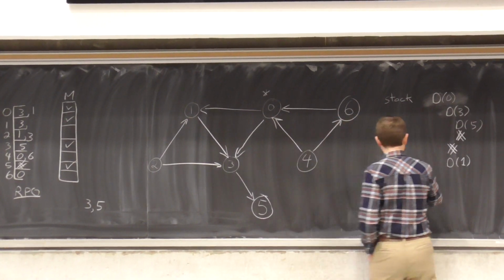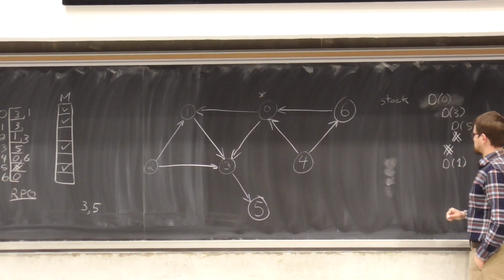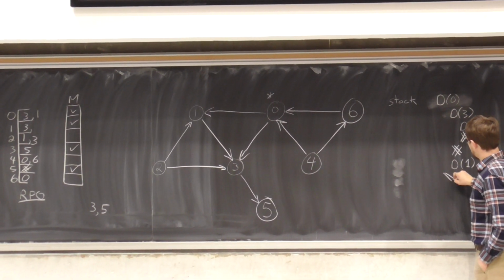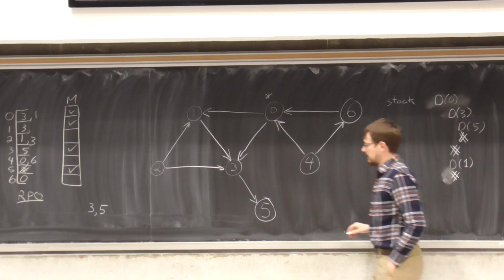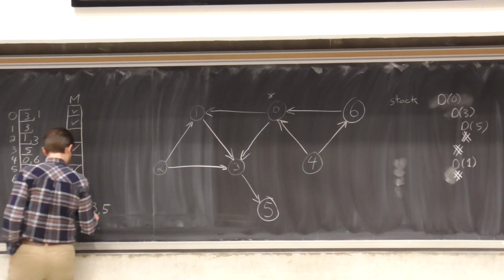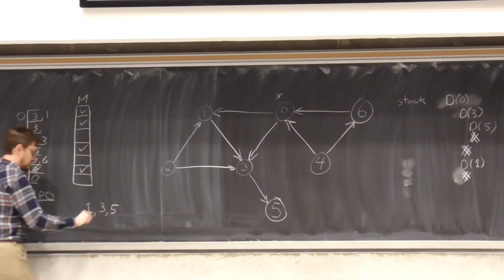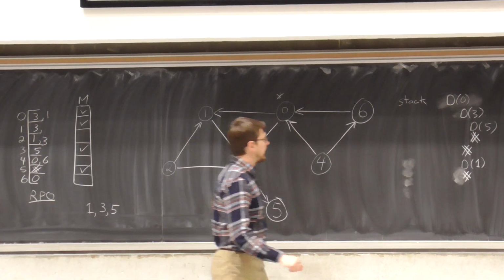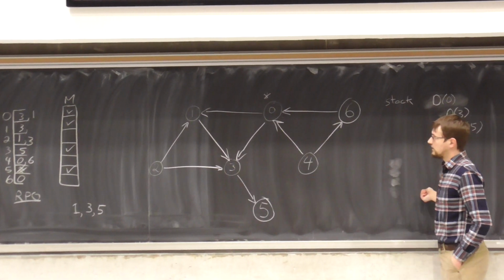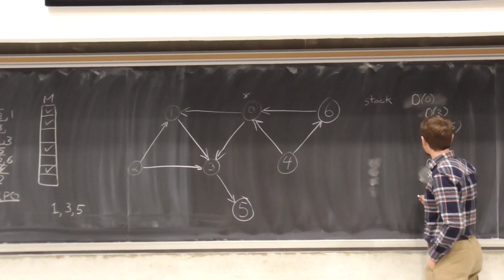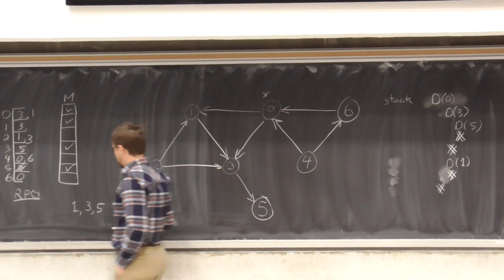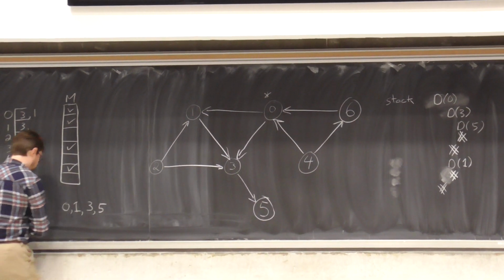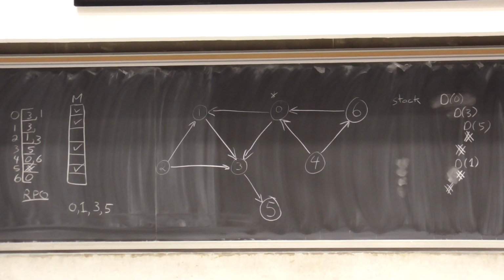So it goes. 1 is then terminated. We put it there. And 0 has no more elements to process, so we close that off. And 0 gets added to the reverse post order list.